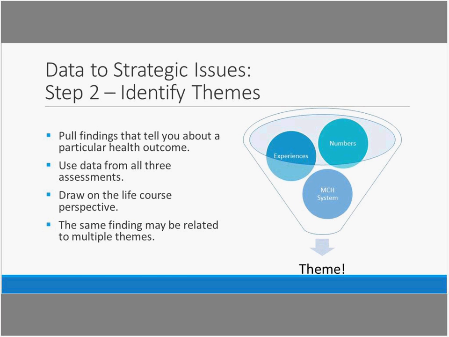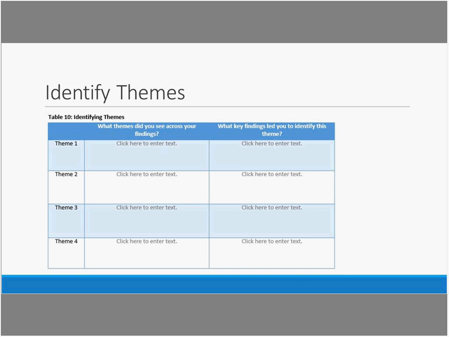themes. You identify your themes, and I'm going to walk through an example in just a second if this is feeling a little bit confusing. I know that this part of the process can feel a little bit complicated. Identifying themes, what you'll do is fill in Table 10 in the tool that you have to guide the assessment process, and you'll identify the themes that you saw across your findings, and you'll enter them for each theme in that first box.